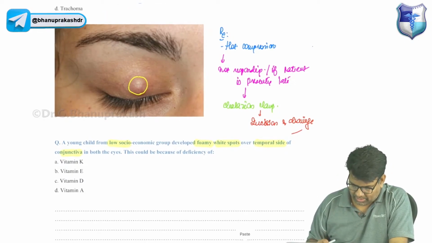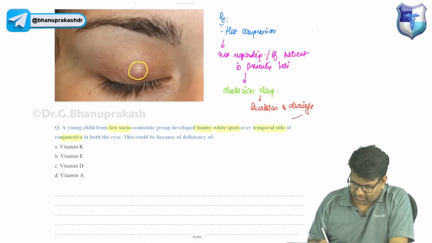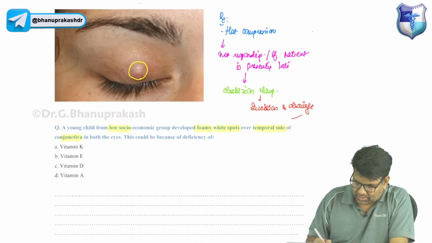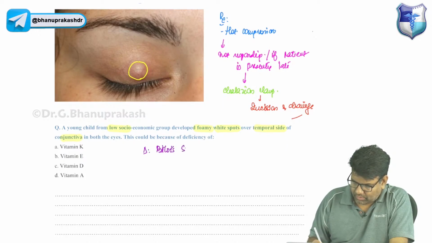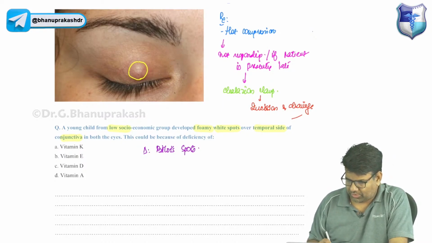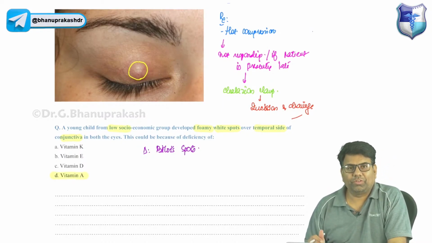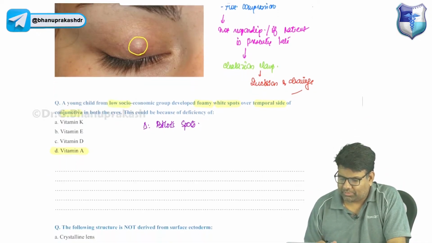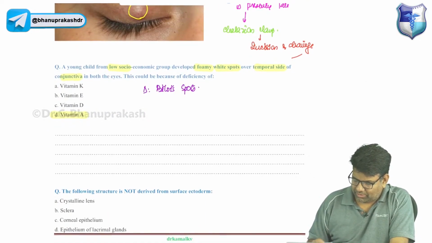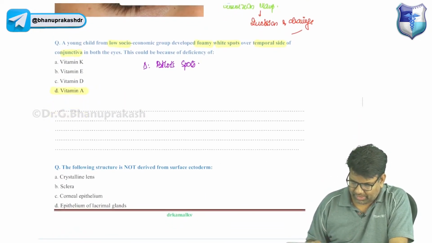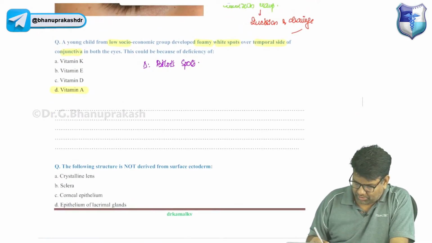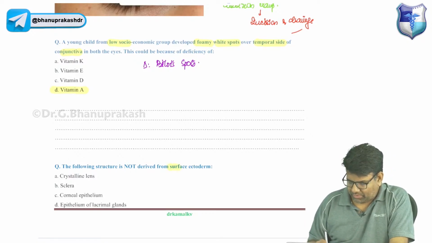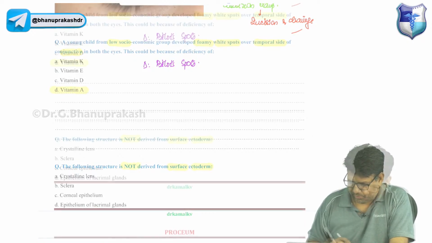The answer is option D, that is vitamin A. And the condition which is actually discussed here is Bitot spots. Right? Yes, Chiki, you are perfect. Deep, you are right. So this is vitamin A deficiency.